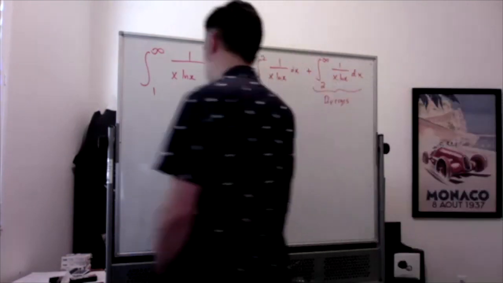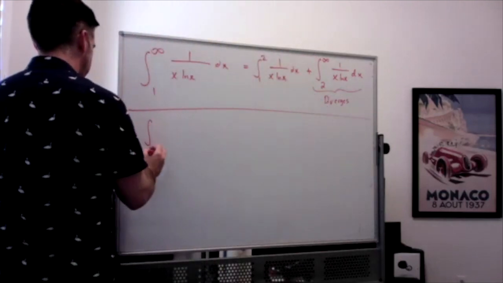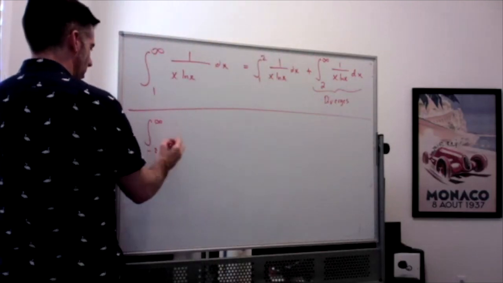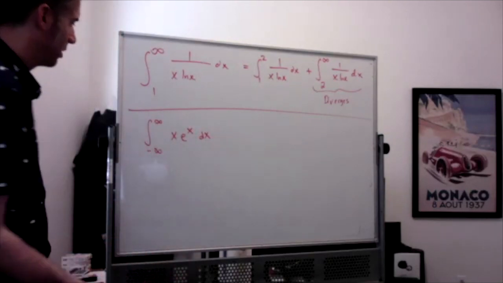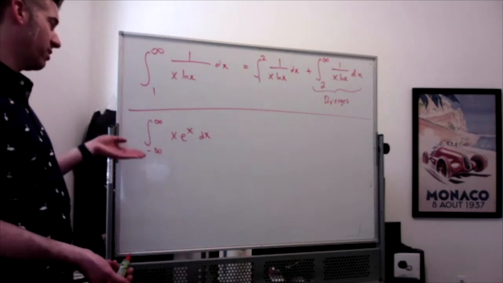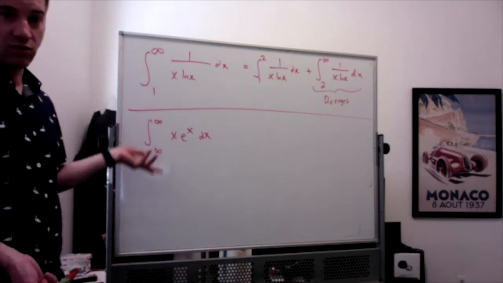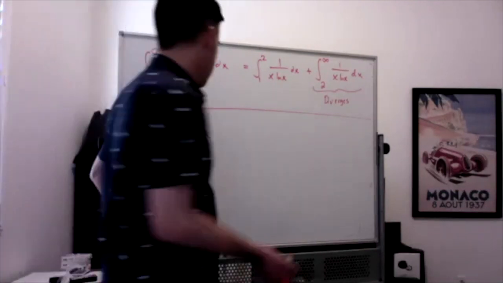There's another example. The integral from negative infinity to infinity of x e to the x. Definitely have to break this one up, right? Whenever you have negative infinity to infinity, you have two different problem limits of integration. You always have to break it up somewhere in the middle.